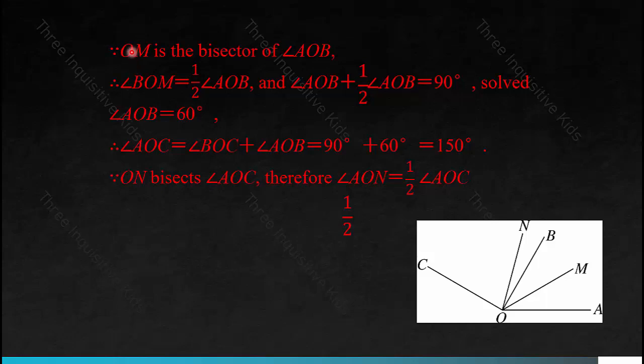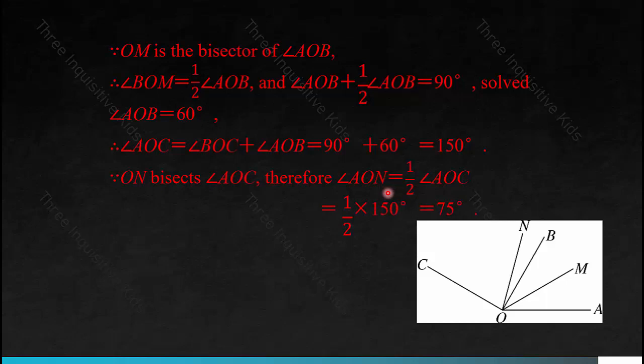and I also want you to pay attention to how I'm saying because and therefore. This symbol with the 2 dots on top symbolizes because, and this symbol, which has 2 points on the bottom, means therefore. So because ON bisects AOC, we know angle AON is 1/2 of angle AOC.